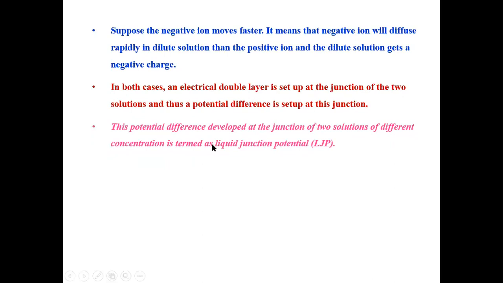And this potential developed at the junction of two solutions which differ in concentration is known as liquid junction potential, LJP, and is measured in millivolts or volts. Usually it is of the order of millivolts, like 5 to 10 millivolts or so.